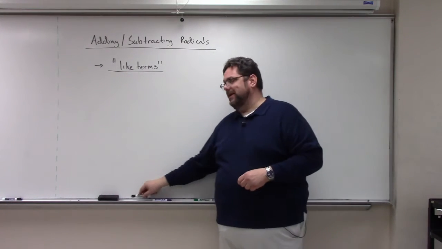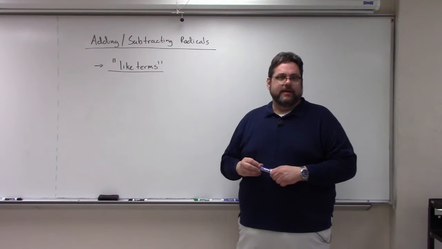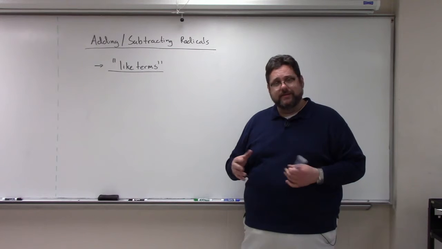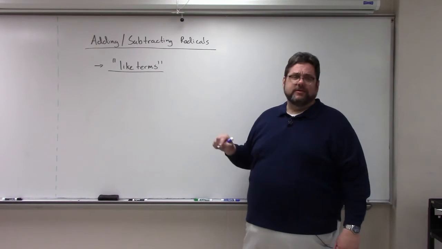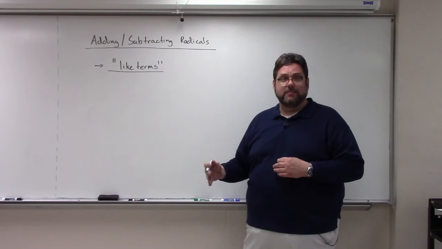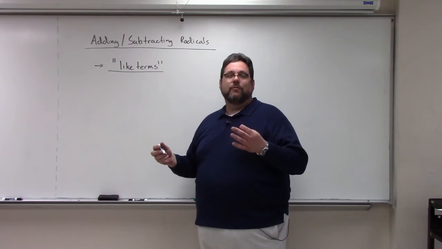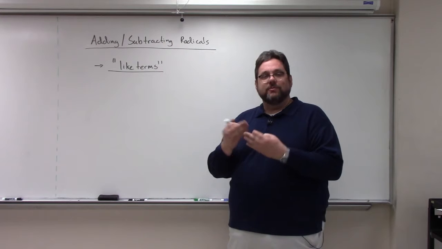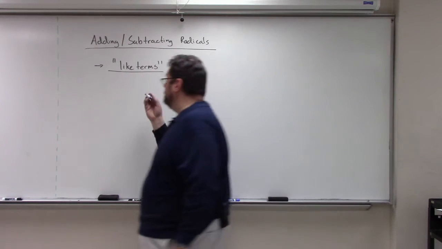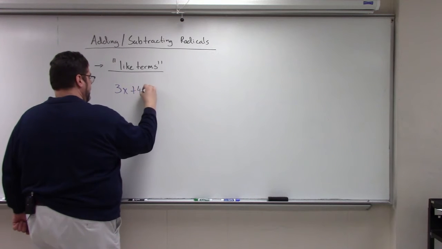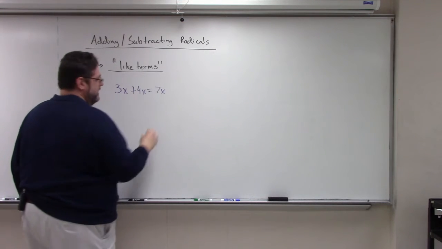And what are like terms? Basically, it was the same variable to the same power, right? So like terms being same variable to the same power means, well, what did it mean? Those were the only things we could add or subtract. So for instance, I can add 3x plus 4x and get 7x, okay?